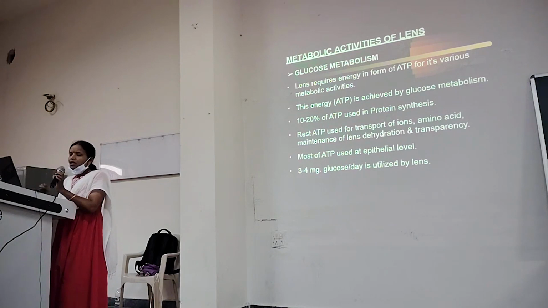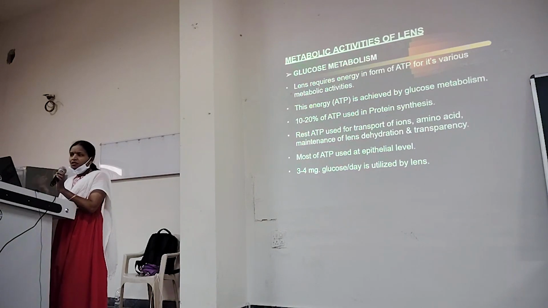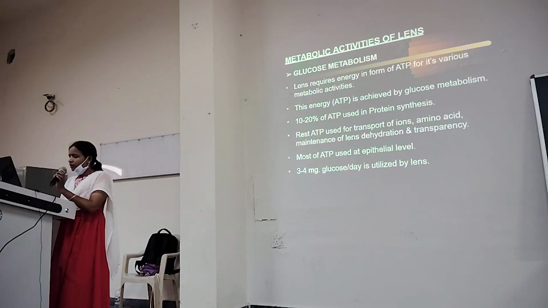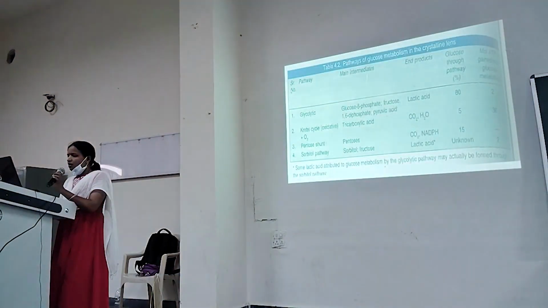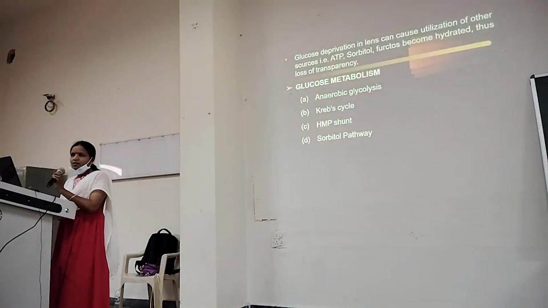Most of the ATP is used for these things. Whatever lactate is generated through glycolysis diffuses outside into the aqueous and vitreous. So these are the mechanisms of glucose metabolism, and among these anaerobic glycolysis is the most important in the lens.